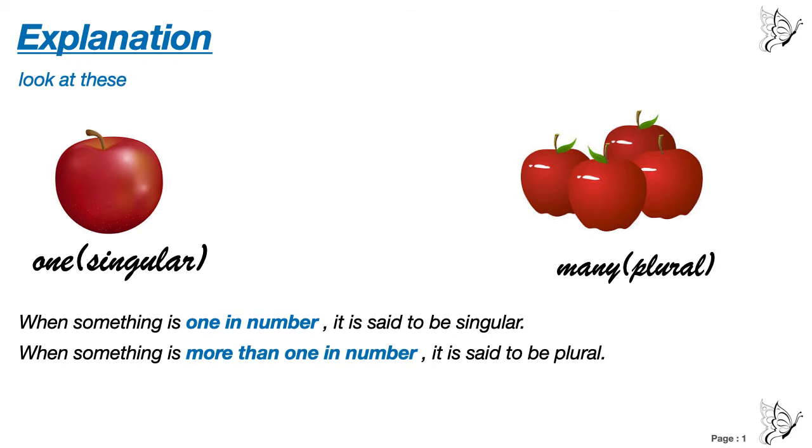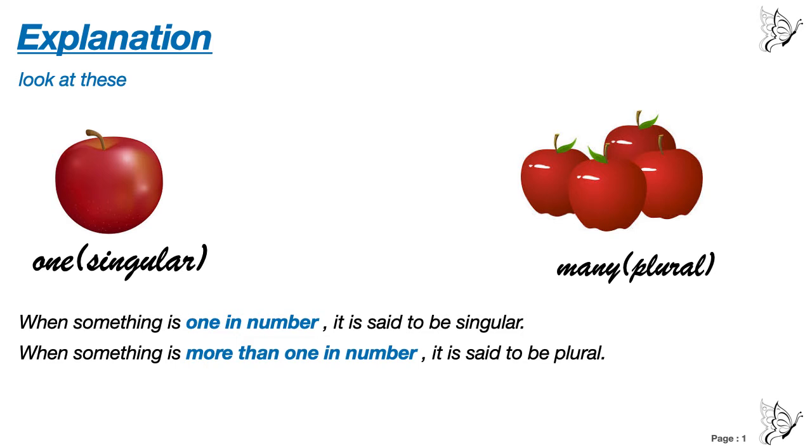Alright, so one. When something is 1 in number, it is said to be singular. And when something is more than 1 in number, it may be 2, it may be 3, it may be 4, or it may be 100, then it is said to be plural.